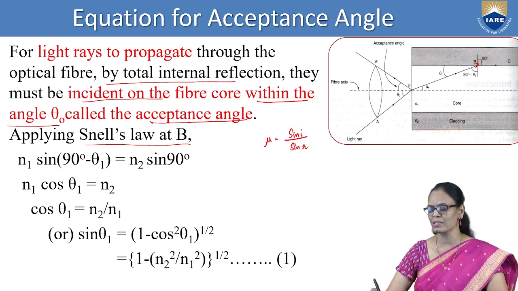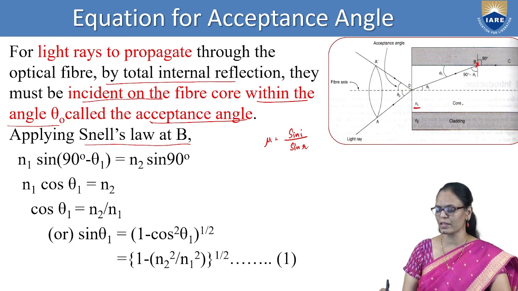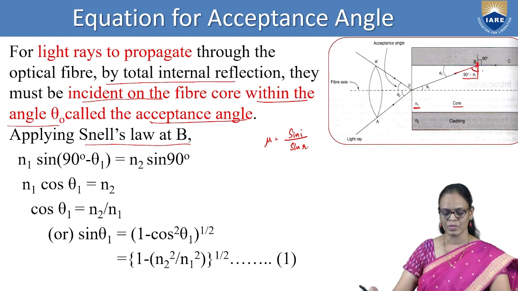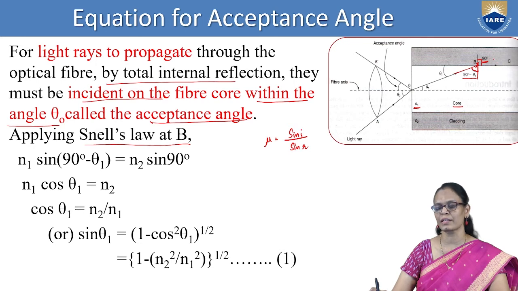At B, the refractive index for the core is N1, meaning it is coming from a material whose refractive index is N1. This is the interface. The angle at which it is incident is 90 minus theta 1, and the angle of refraction is 90.